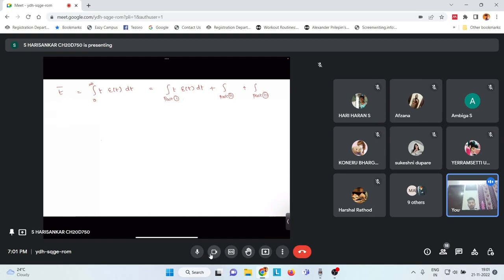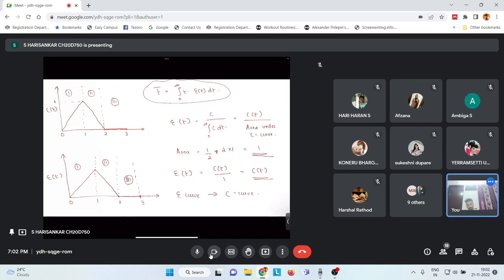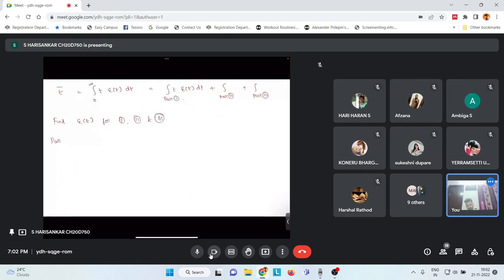So now what we have to do is find E of T for part 1, part 2 and part 3. So from the figure, for part 1, it is basically a straight line from 0 to 1 on the x-axis and 0 to 1 on the y-axis.